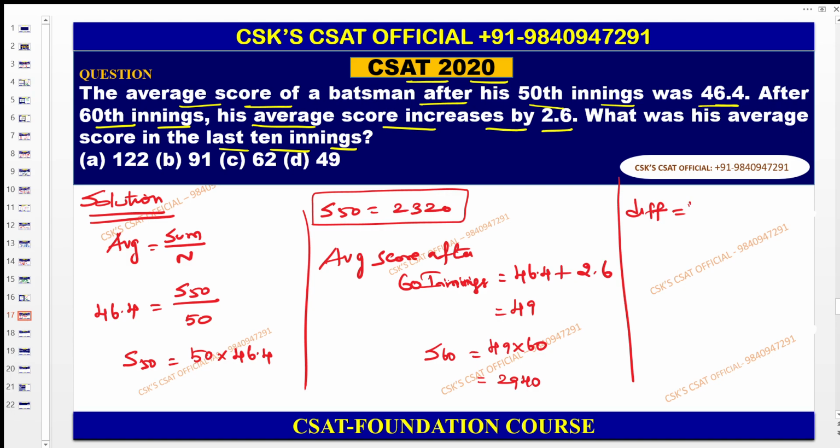That difference is nothing but the last 10 innings scored by that batsman. 2940 minus 2320 is equal to 620 runs he has scored in the last 10 innings. The average you need to find is 620 by 10 innings, the last 10 innings average only. You can cancel the 10 here. Therefore 62. So the answer for this question is 62.